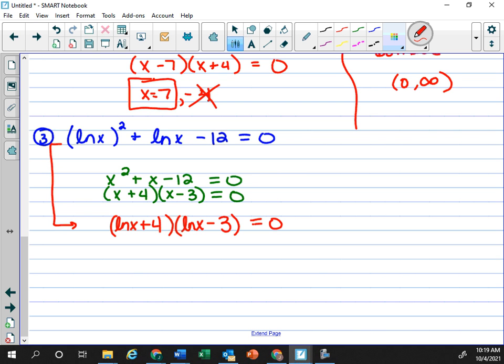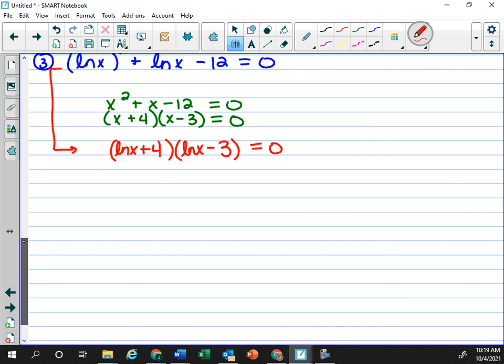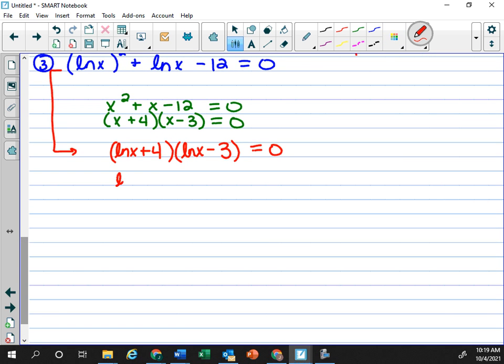All right, from there, we still have to solve, okay? So I am setting natural log of x plus 4 equal to 0, and natural log of x minus 3 equal to 0. So the first one is saying the natural log of x equals -4.